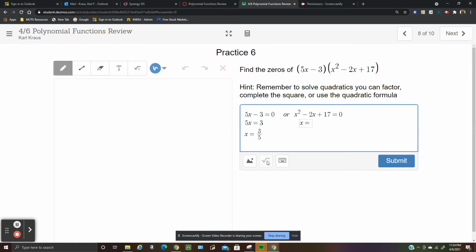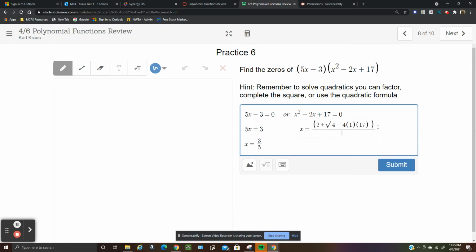So the opposite of negative 2 is 2, plus or minus the square root of 2 squared, which is 4, minus 4 times 1 times 17. This whole thing in parentheses here, and then divided by 2.